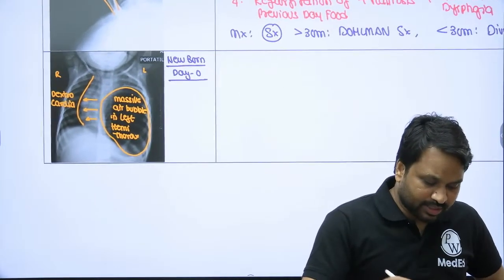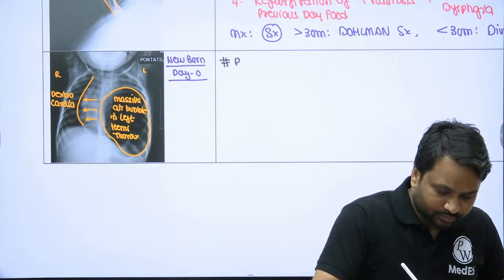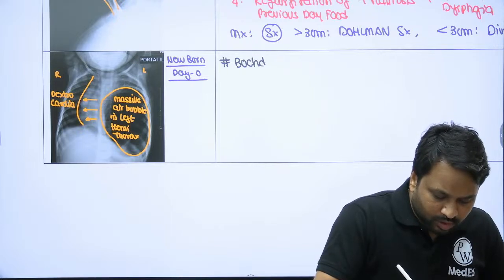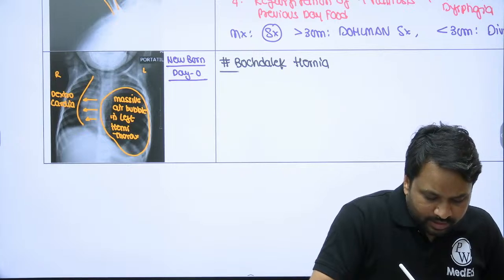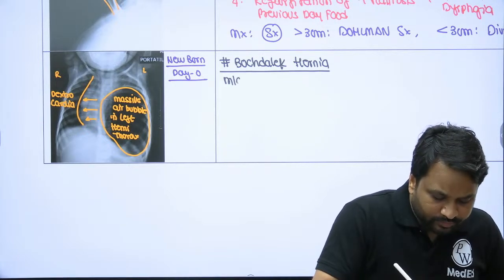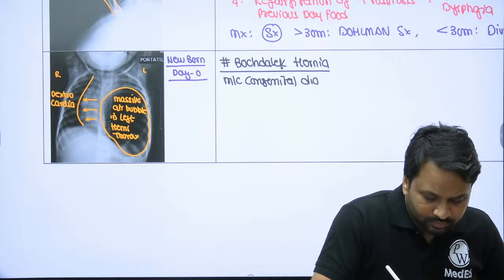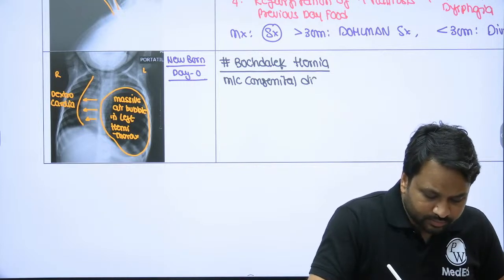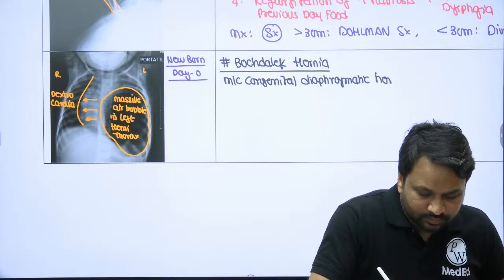So this is a classical image of Bochdalek hernia. Now remember, it is the most common congenital diaphragmatic hernia. It accounts for 90% of the total diaphragmatic hernias.